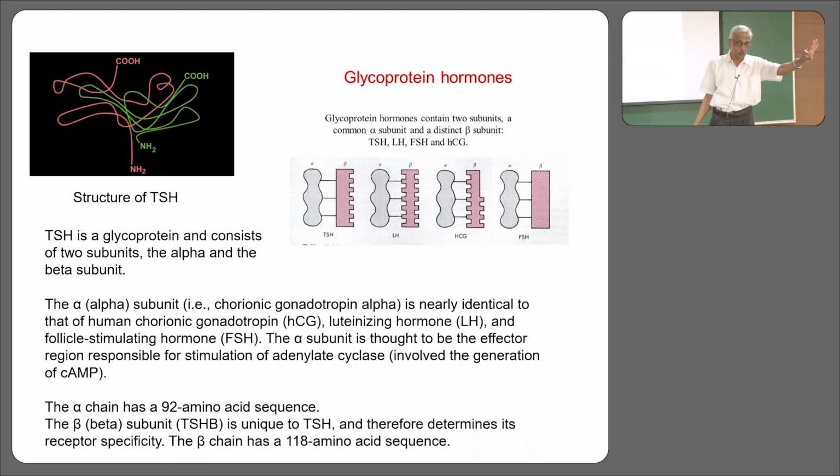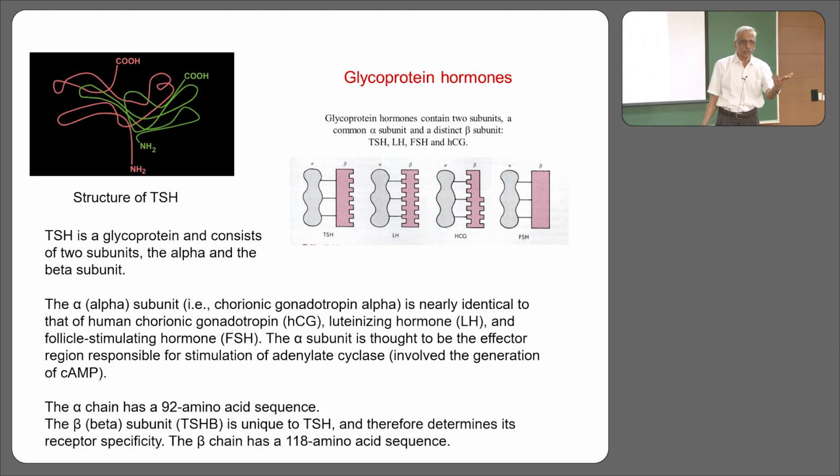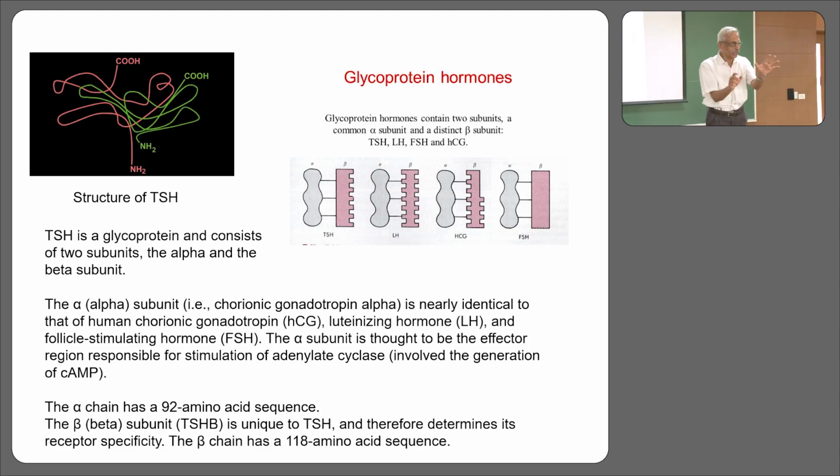Pituitary gland. Are you okay so far? The 4th hormone the author talks about is HCG. HCG is for what? Human, very good, chorionic. It is a hormone from the placenta. Are you okay with me? All these 4 hormones are dimers. There is a protein chain, they come together and you make the hormone.